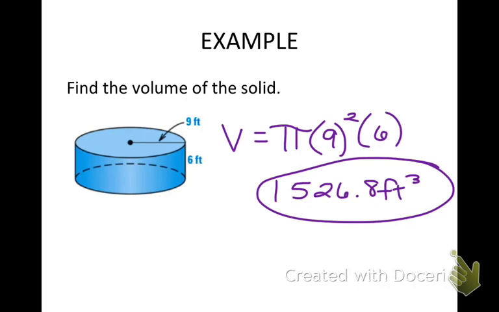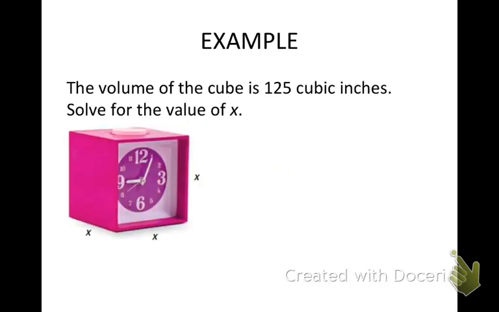And then the last one, we're going to work backwards. You need to find the dimensions of the cube for it to have a volume of 125 cubic inches. So how will we do that? Because it's a cube or a rectangular prism, same thing.